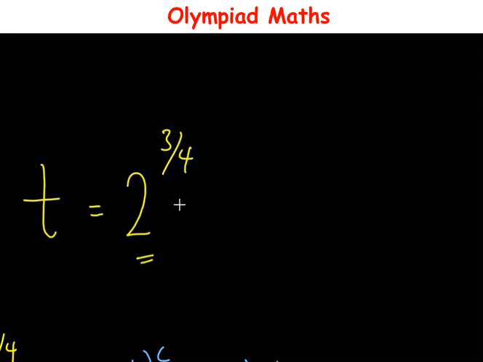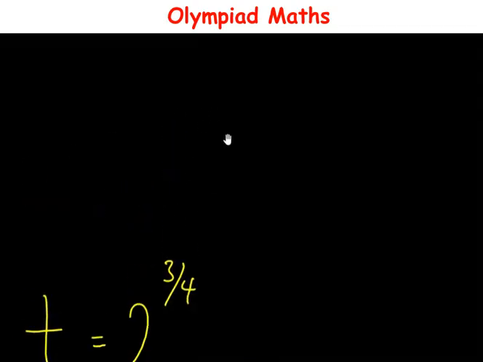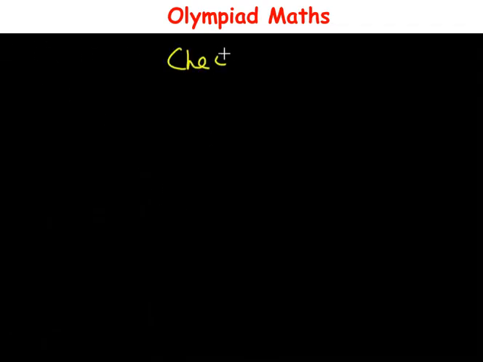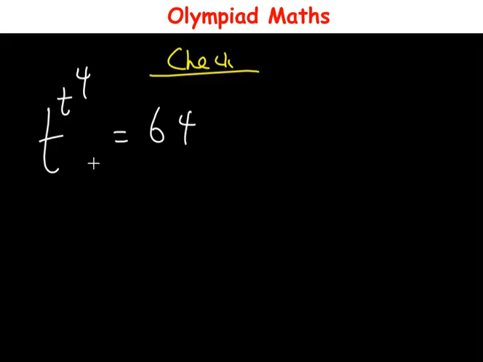But then let us check if the value of t is the correct solution. Check. The equation is t raised to power t raised to power 4 is equal to 64. And the value of t that we got is 2 raised to power 3 over 4.